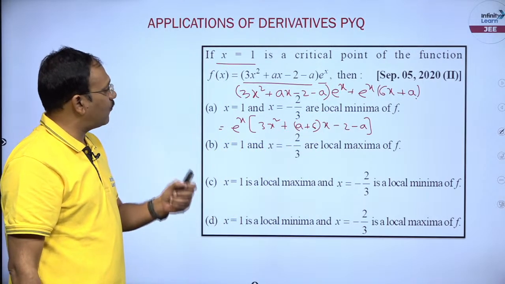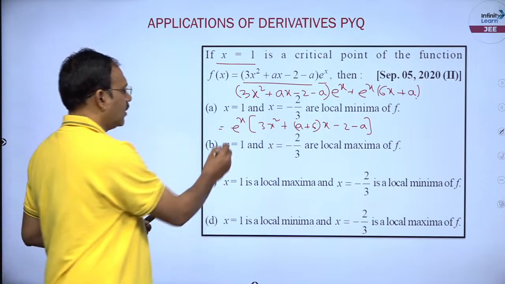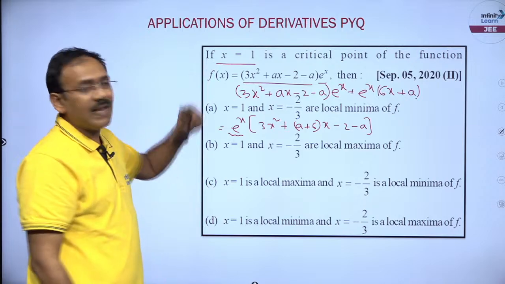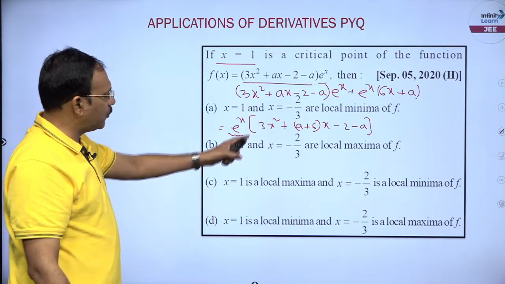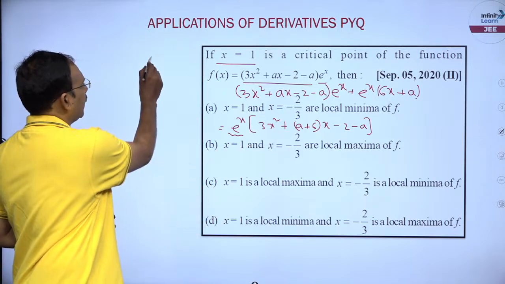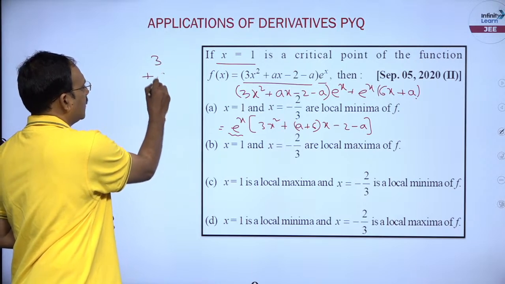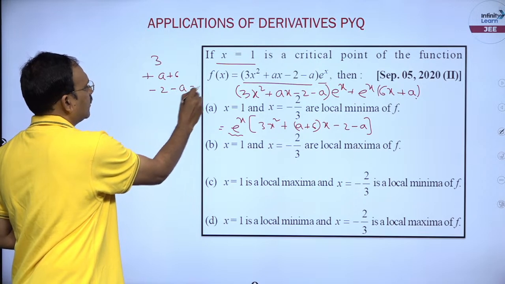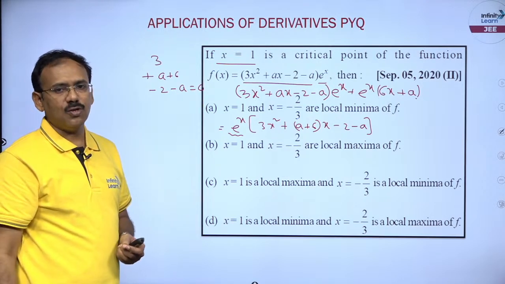You just see where the derivative becomes 0. E power x will never be 0. This becomes 0 when x is equal to 1. So you put x is equal to 1 here, you will get 3 plus a plus 6 minus 2 minus a, and this sum must be 0, right.